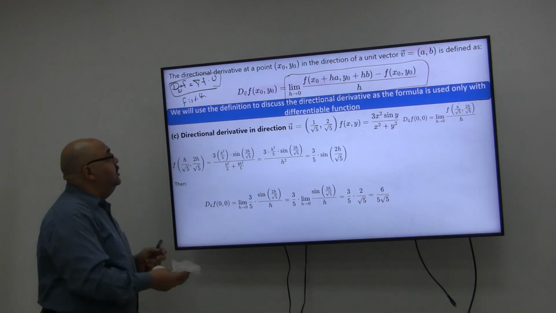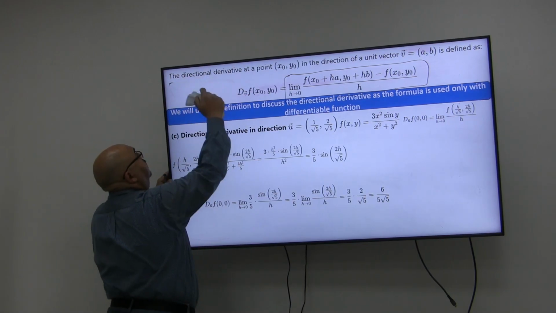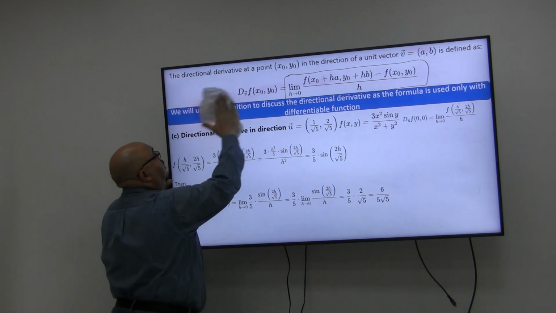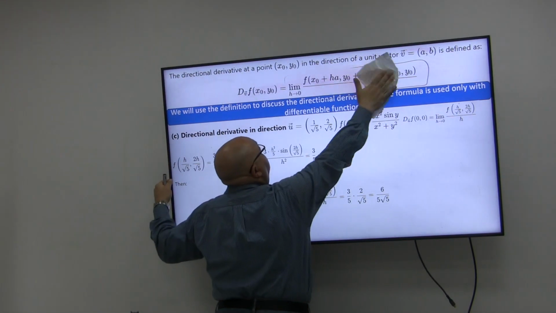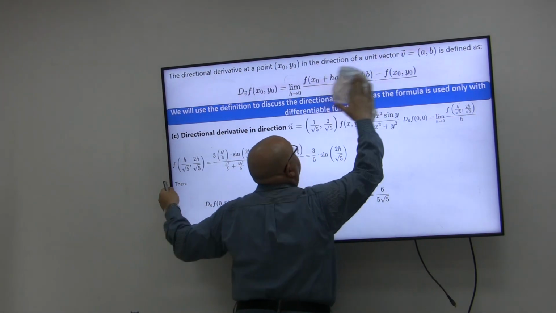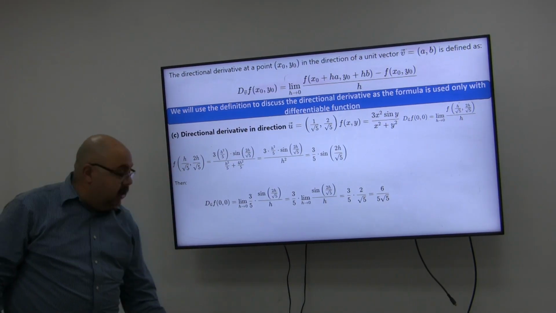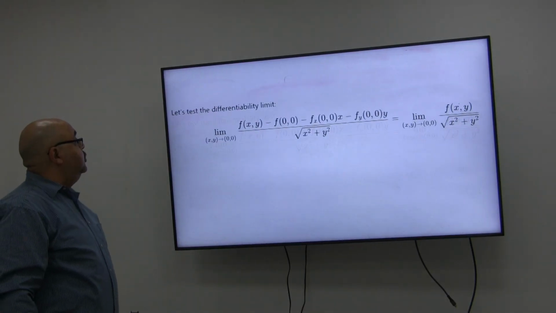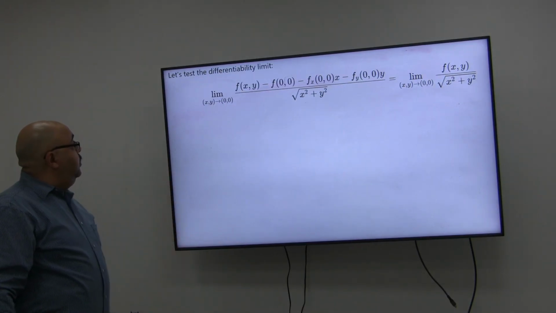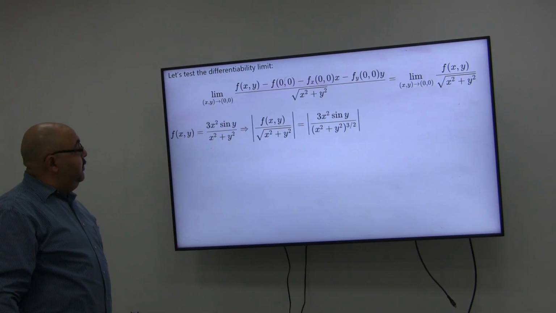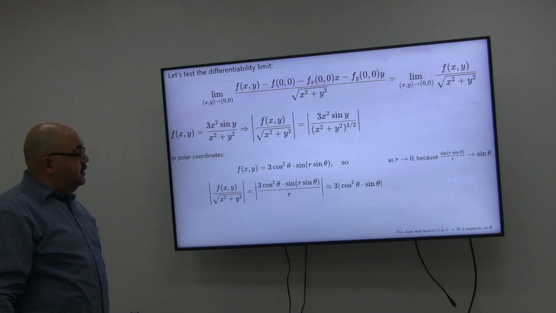And as you can see in this problem, if I use this value, the directional derivative will equal 0. But in this case, I will have to use this law in order to find the directional derivative of my function. Once more, this is for the differentiability of f of x and y, if I want to discuss it.